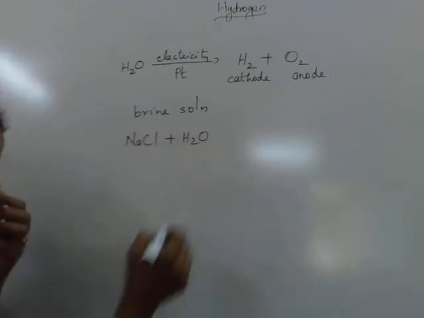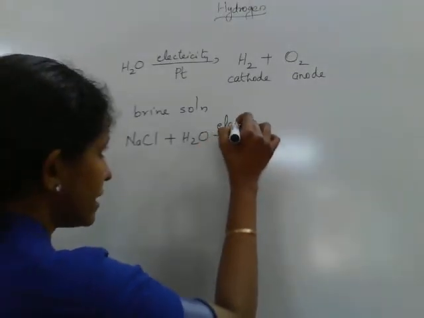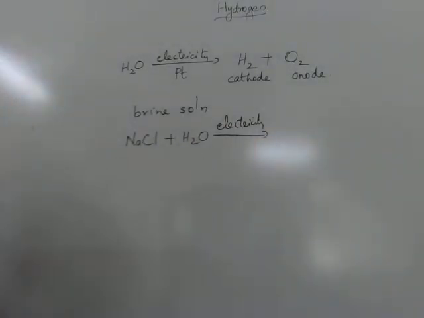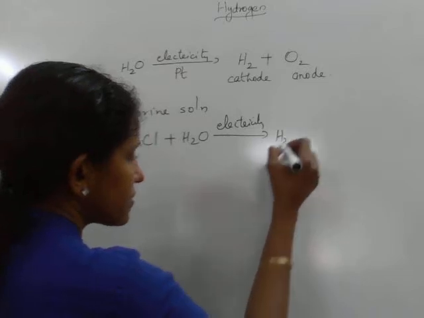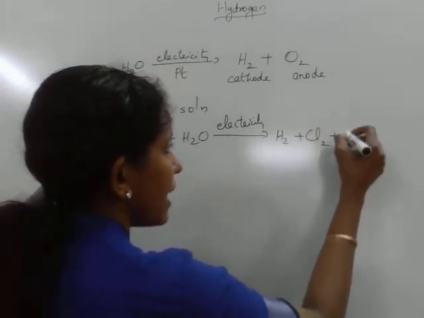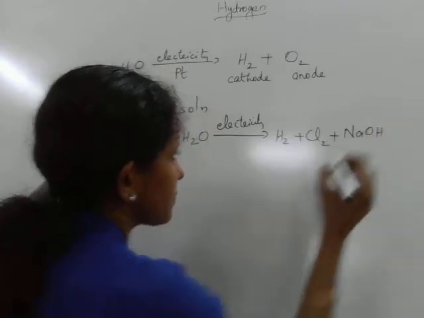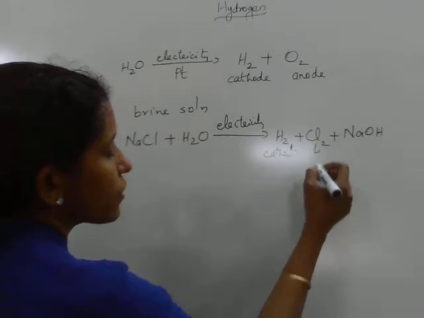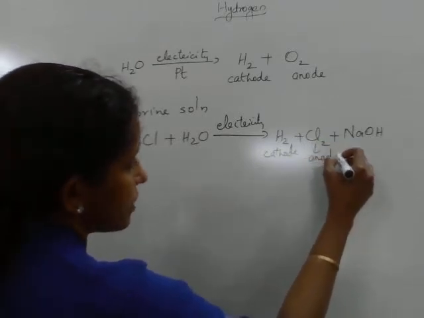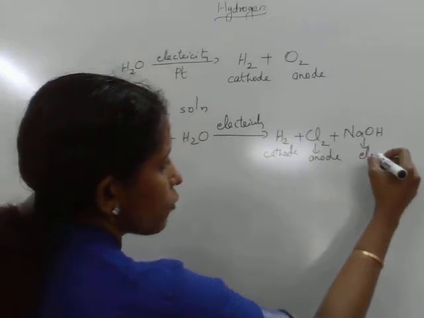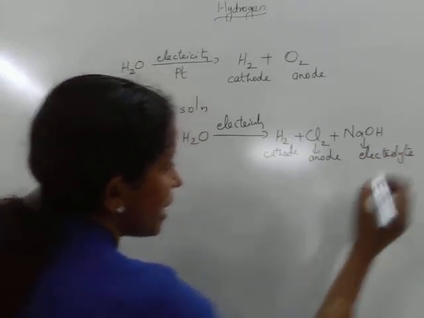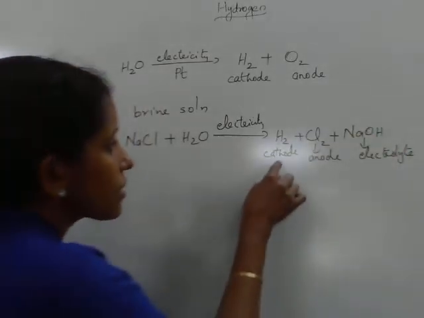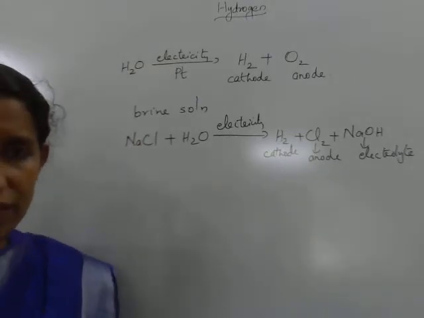When electricity is passed through it, we get hydrogen gas, chlorine gas and sodium hydroxide. Hydrogen will be collected at the cathode, chlorine gas will be liberated at the anode, and NaOH will be formed in the electrolyte. Actually, this is the manufacturing process of NaOH, sodium hydroxide. Here, hydrogen is obtained as a byproduct.